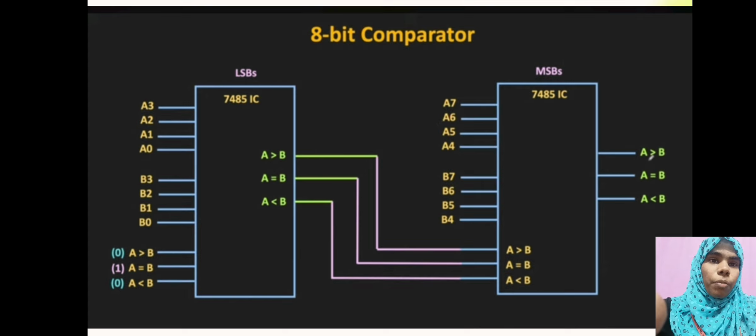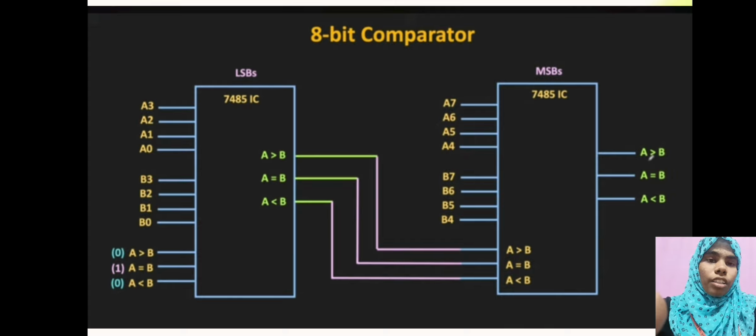In a 4-bit comparator, the A input has 4 bits, A3, A2, A1, A0, and the B input has 4 bits, B3, B2, B1, B0, where A3 and B3 are the most significant bits, and A0, B0 are the least significant bits.